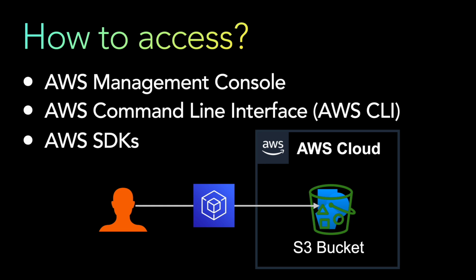So most of the time when you are building an application, you will mostly be using the AWS SDKs. AWS also provides S3 REST HTTP endpoints, which can also be used directly to access S3 objects. That is also one more option that can be used.